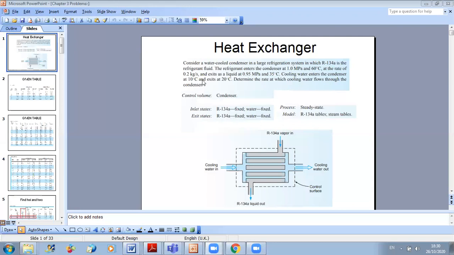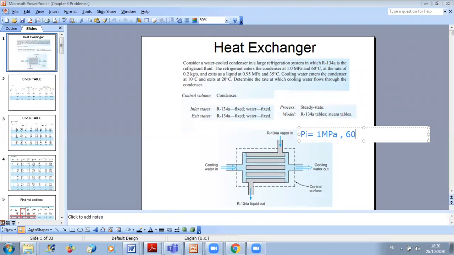The information that you know for your refrigerant inlet is P inlet equal to 1 megapascal, and it's entering at 60 degrees.